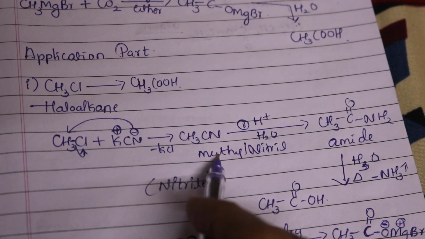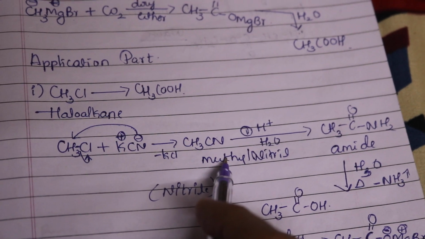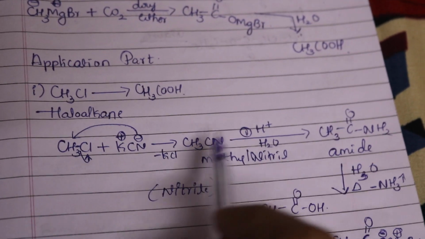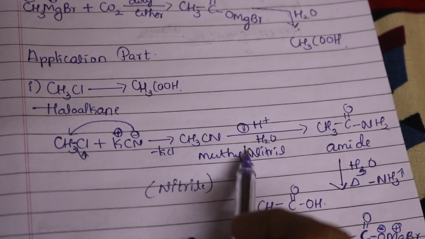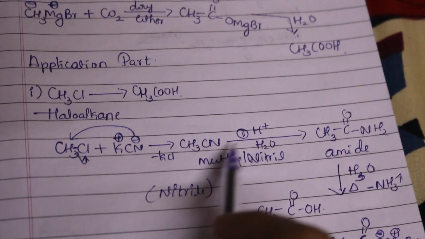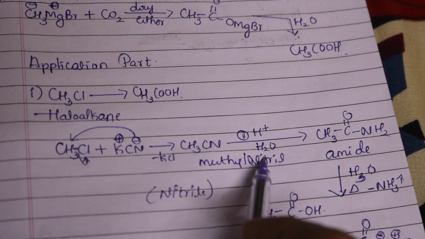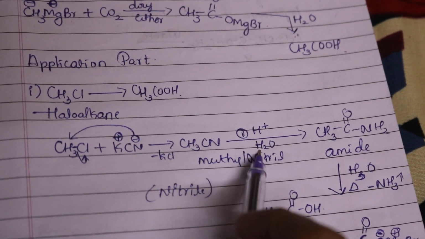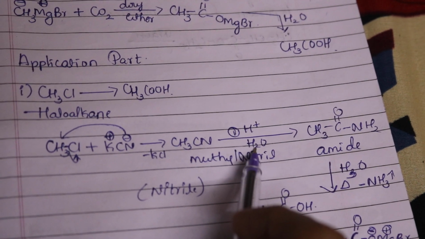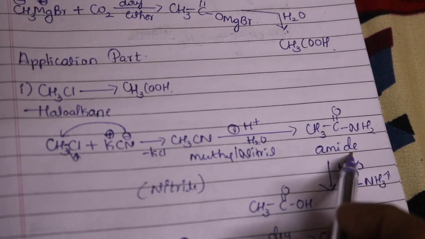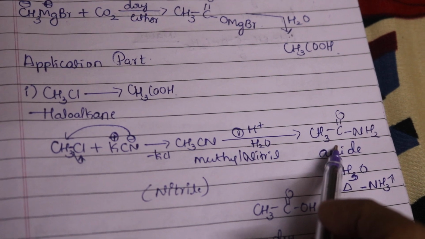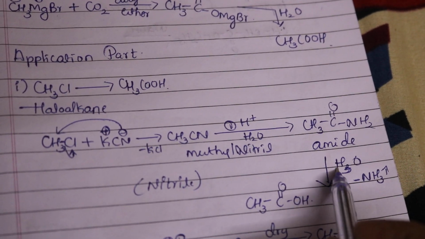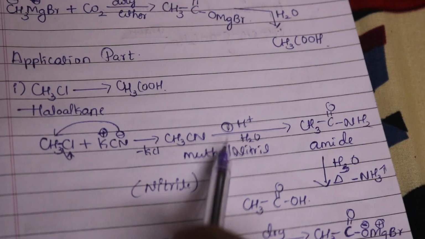And when this CH3CN is hydrated, it forms CH3, C double bond O, NH2. When methyl nitrile is treated with water, it forms the amide group, CH3CONH2. It is hydrated two times.